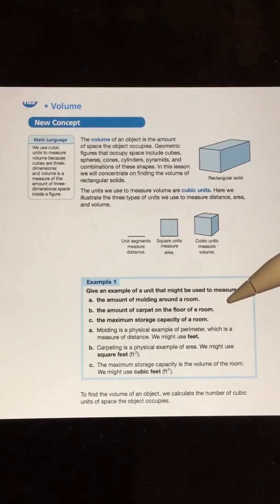B, the amount of carpet on the floor of a room. Well, that we will do area. Area is length times width, and we would generally measure in square feet. Now, when we're talking about the maximum storage capacity of a room, let's say that you're renting a storage unit and you need to fill it up, we're talking about volume. We might use cubic feet for that.